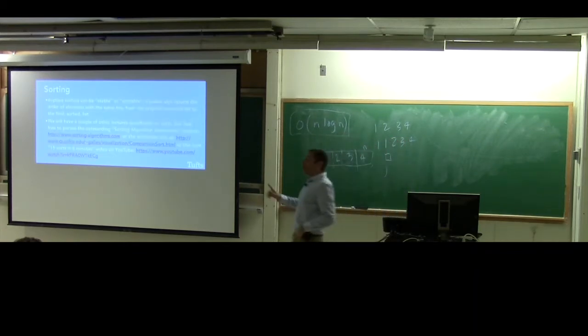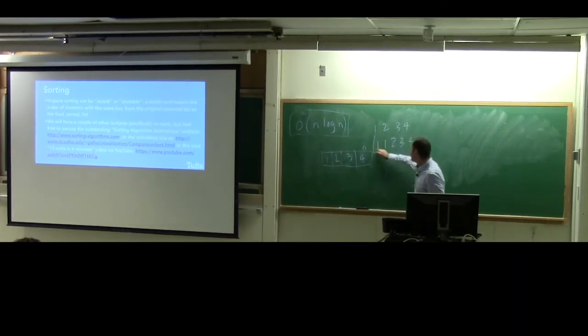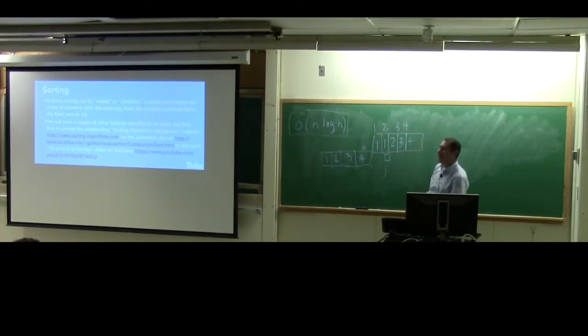Okay? The other thing about in-place sorting, this actually goes back to the duplicates we talked about. 1, 1, 2, 3, 4. If you have a stable sort, actually this is not the best example here. Let's do it this way: 1, 2, 1, 4, 3.